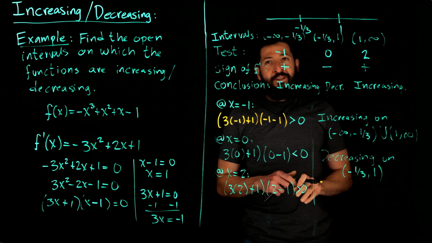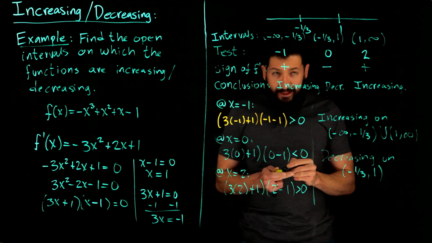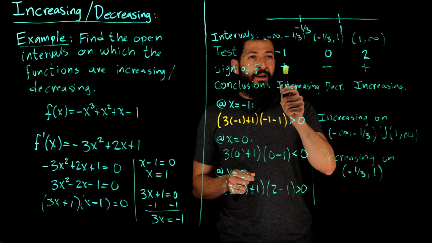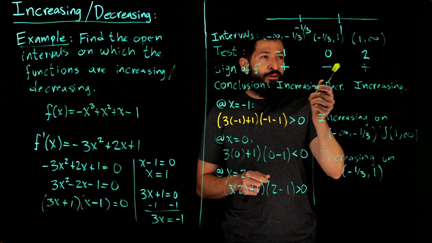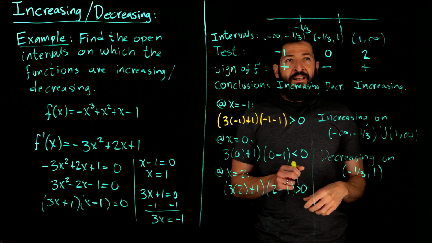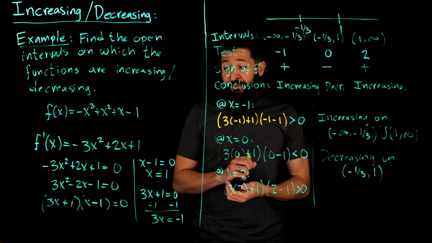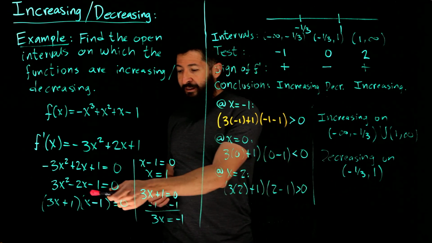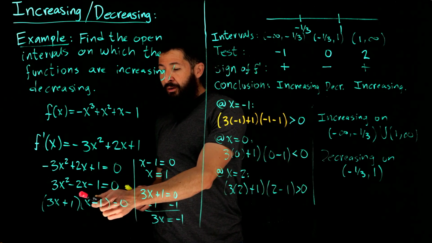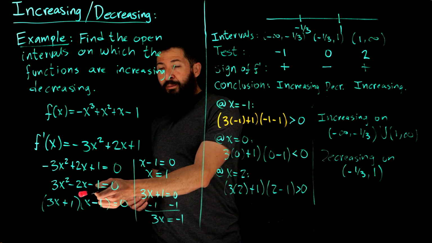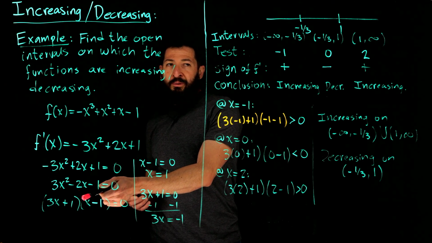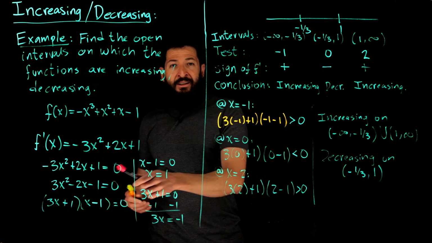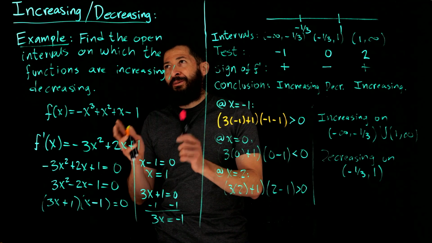Now, here's a cautionary tale. You notice how the signs appear plus, minus, plus. And it'll happen very often where the signs will alternate. But that is just related to the multiplicity when you factor your zeros. So when the zeros have odd multiplicity, the sign will change.